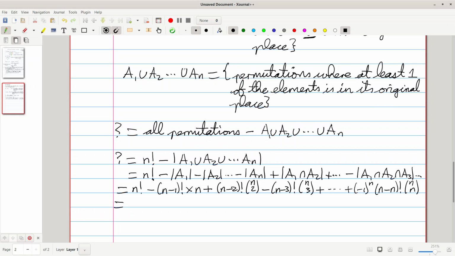Okay, I'm going to replace each of these factorials. I'm going to write it slightly differently. You'll see why I'm writing it in this way. So n factorial minus, and this one I'm going to keep as n factorial, and then I'm plussing here n minus 2. Actually, let's rather keep it as n minus 1 factorial.